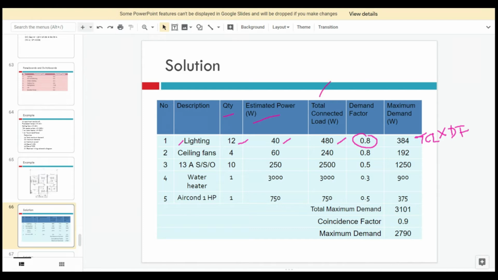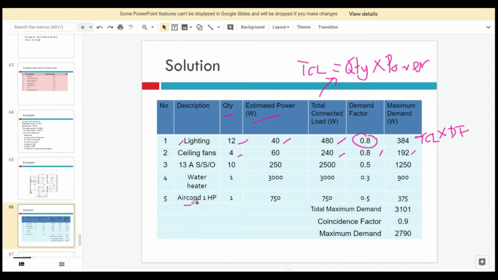To get the TCL, you calculate quantity times the power. Then you proceed with the ceiling fans. 4 ceiling fans, you times 60, you get 240, times 0.8, you get 192. Then you continue with the others.